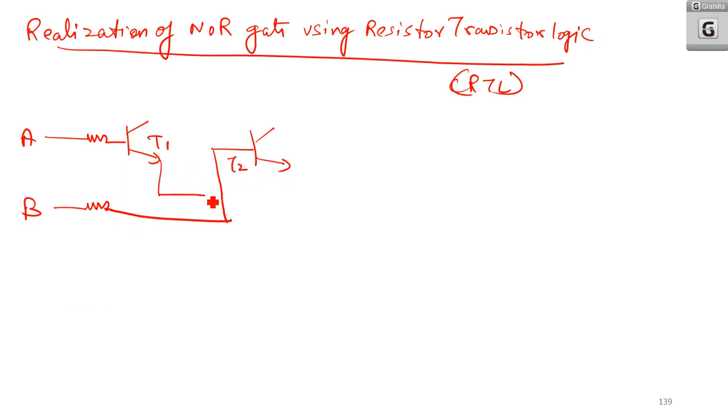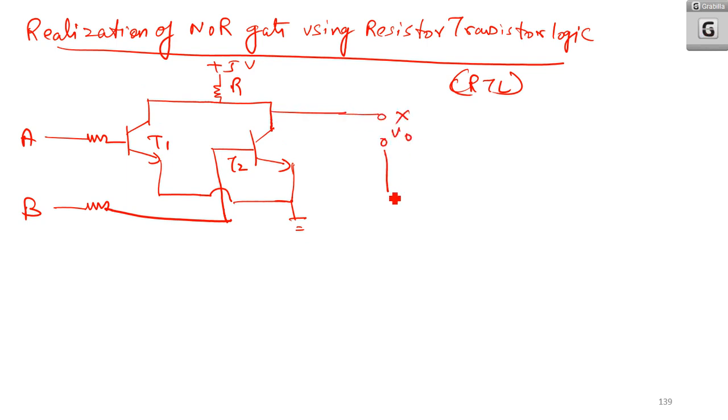Here both of the emitters are grounded. Now here what I am having is a plus 5 volt supply with a resistor R. Now I am taking the output across the collector of the two. So this is X, this is the output V naught. I am taking it across the ground.